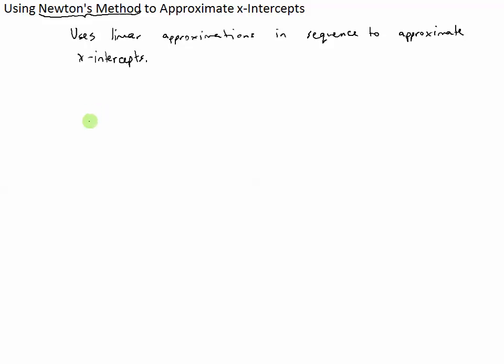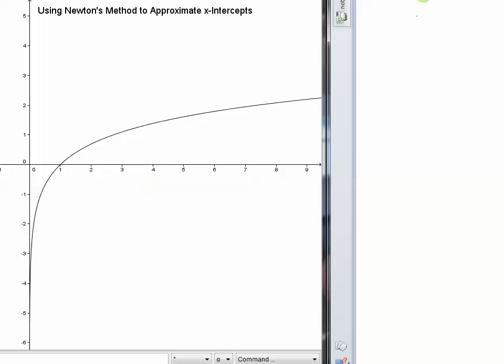Okay, so I'm going to switch to a different program called GeoGebra, where I've built an example of how Newton's method works. Over here we have GeoGebra, and over here I'm going to be writing notes for you. What you see here is the function f of x equals the natural log of x. That's the curve that I've graphed here.